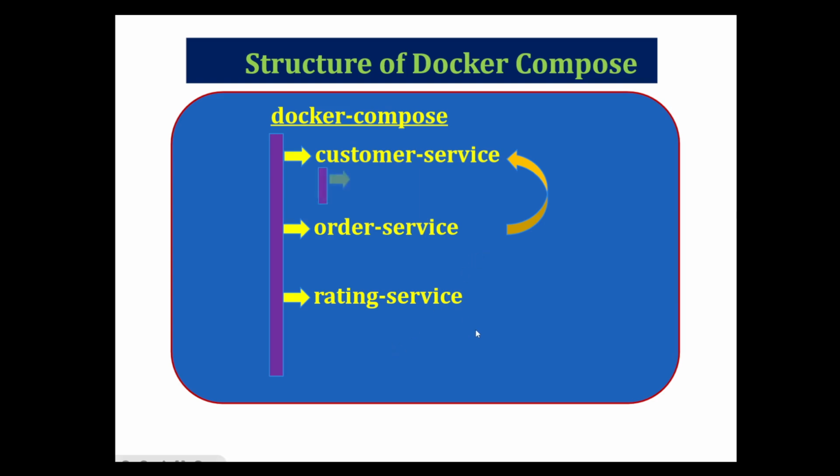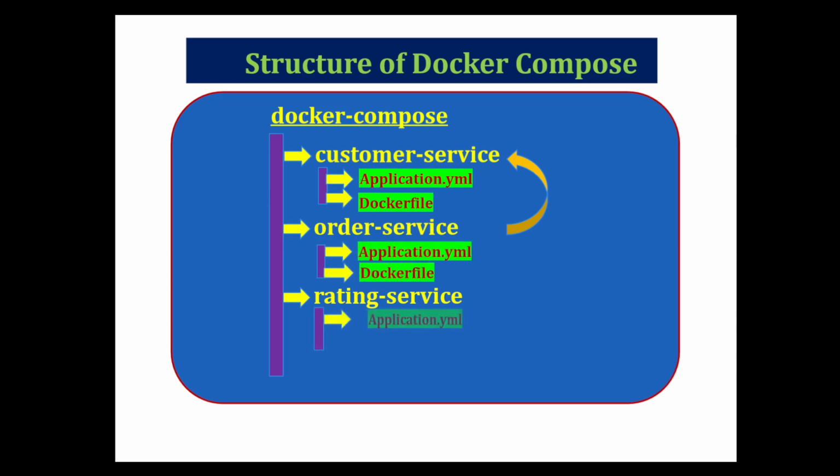Now for each microservice, we are going to create an application.yml file and a Dockerfile. So what is the application.yml? In the application.yml file, we are going to define application-specific properties, like the server port and the application name, and if there is a database it is using, we need to mention the database properties inside that.